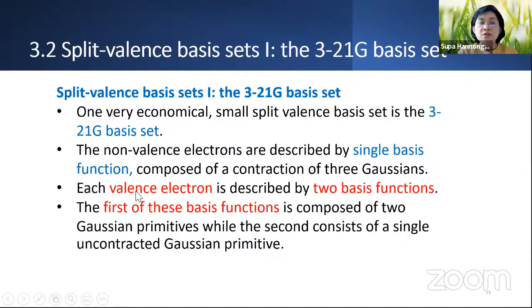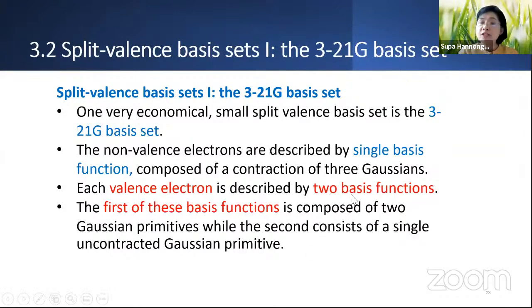But for each valence electron, its mobility in the orbital will be described by using 2 basis functions. This is a very important key point.